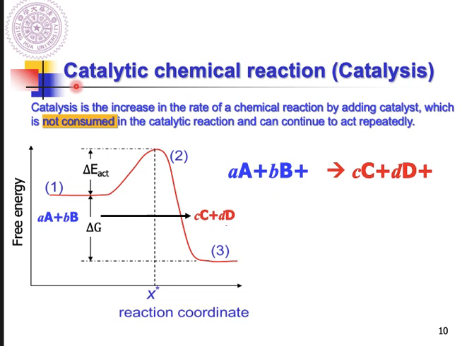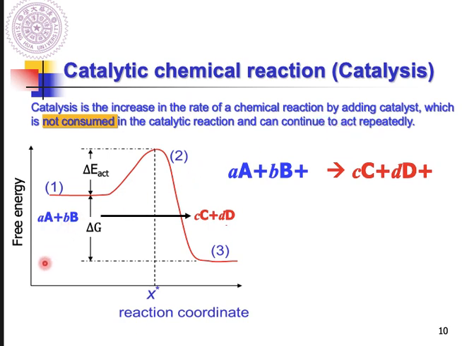In this case, we call it a catalytic chemical reaction or catalysis. So catalysis is the increase in the rate of chemical reactions by what? By adding the catalyst. But remember, the catalyst is not consumed during these reactions, and it can be used repeatedly.